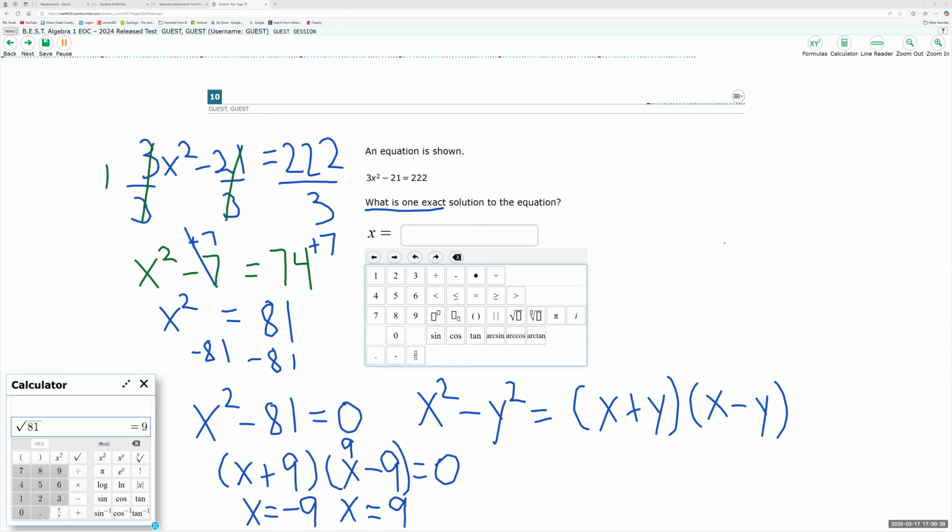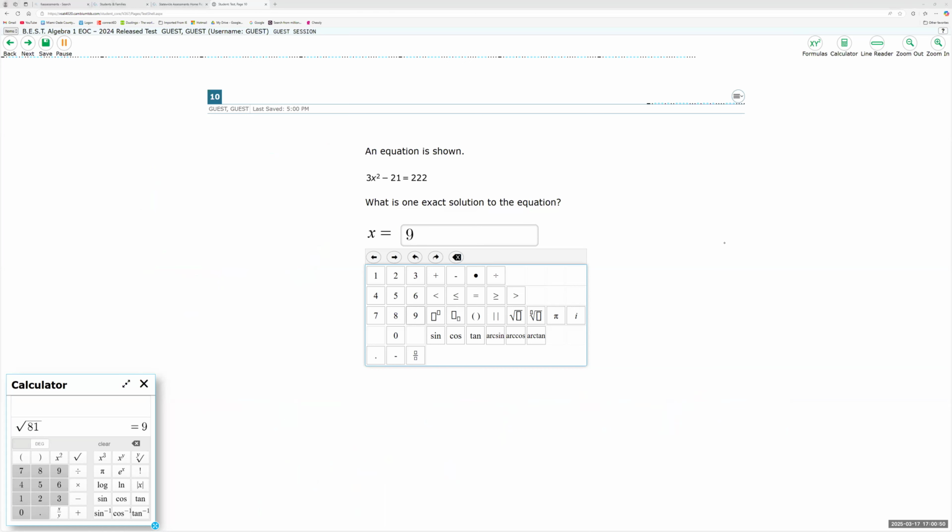So you can choose either one for your answer. Let me go to the piece here. So let's say you just want to put 9, or you save time by taking the square root of 81, it's all you want. You can do that. But I wanted to show you the whole thing about the difference of squares, the calculator, and everything else. So pause your video. And as you pause your video, I am clearing my things.